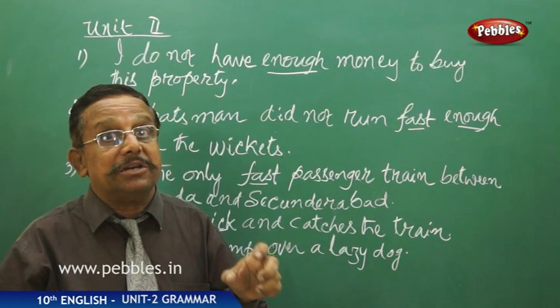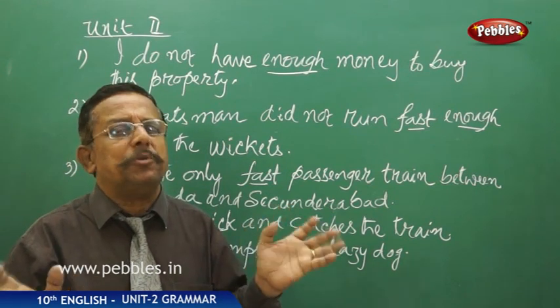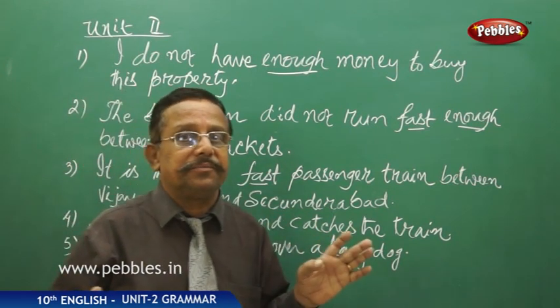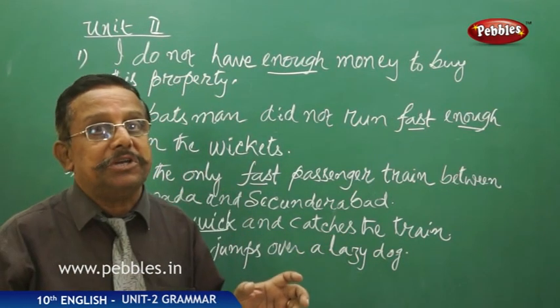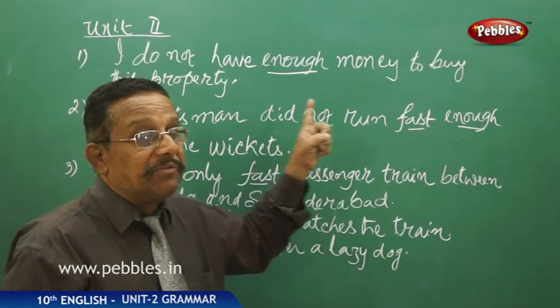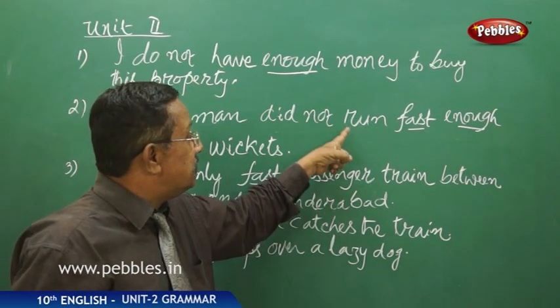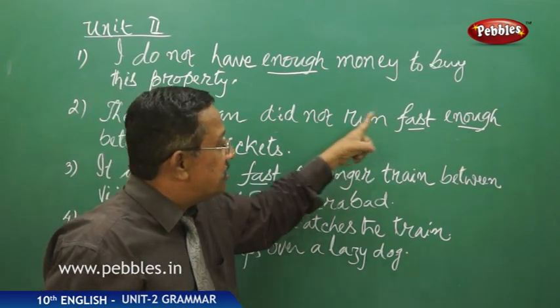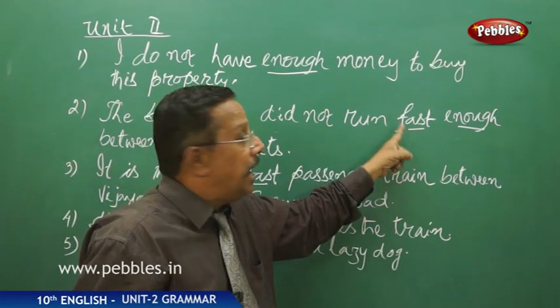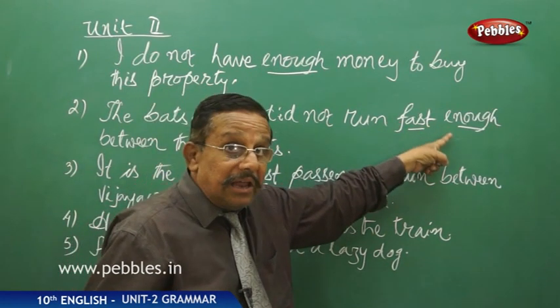We have already seen where the position of the adverb is in a normal condition. Why I say normal condition is that an adverb has many positions in a given sentence. But in a normal position, it appears immediately after the verb which it modifies. Here, this is the verb, and immediately after it comes fast, an adverb, and enough comes after that, an adverb again.